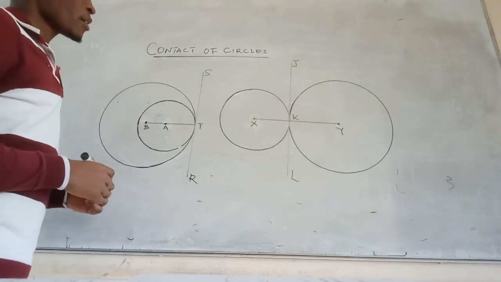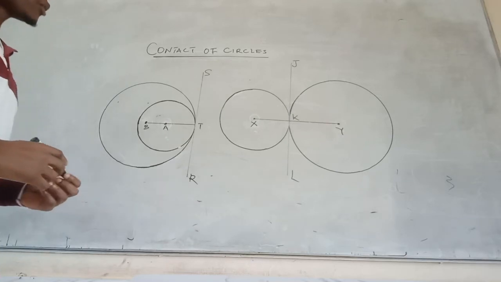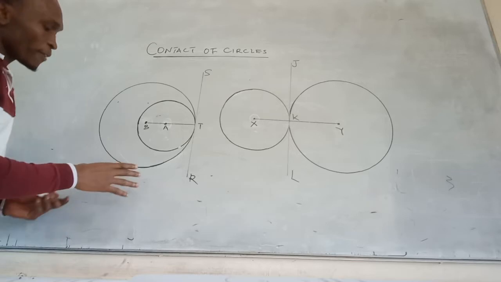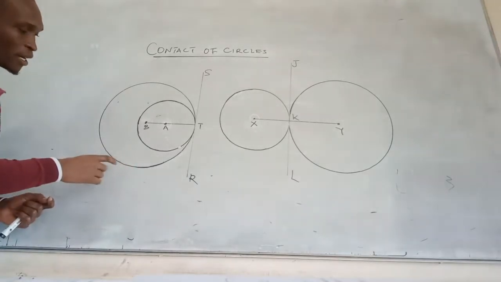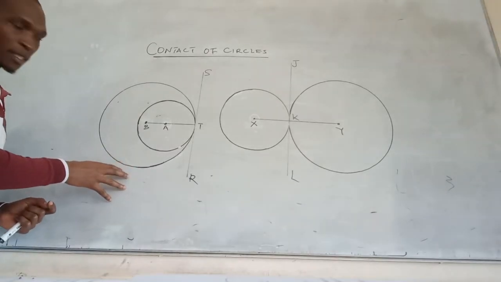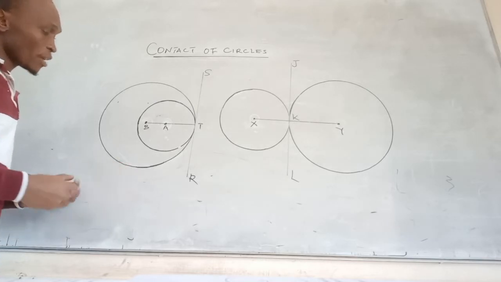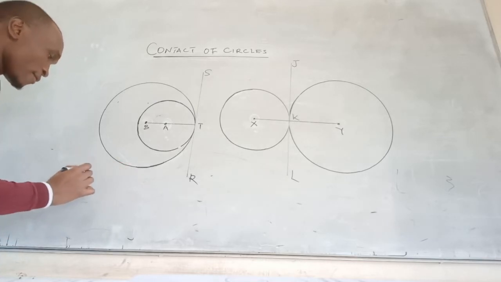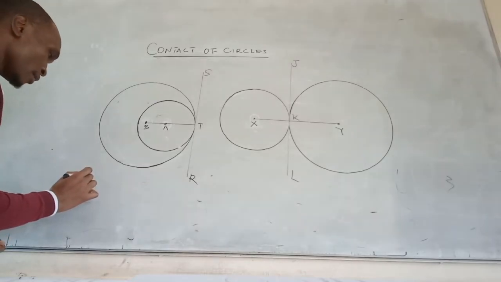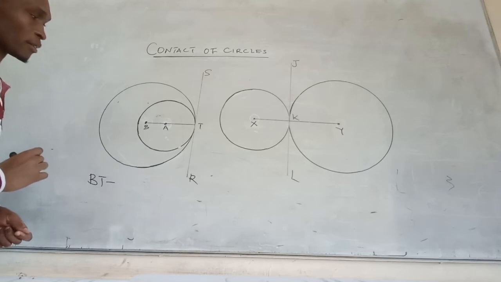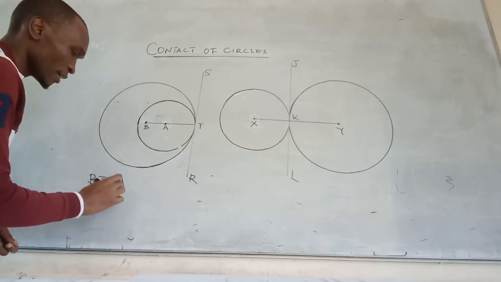Another thing we need to note: if you want to find the distance between the centers of these circles, for the first set, which is the circles that are internally in touch, we have BT minus AT.